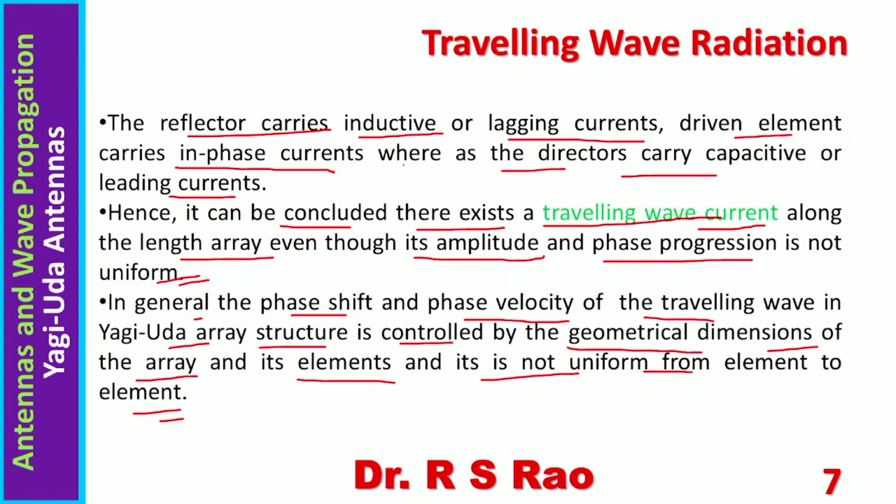So we may be tempted to think that it is a resonant antenna, but there is a view which can show this antenna as a traveling wave radiator, a traveling wave antenna, a non-resonant antenna. That view is described and justified in this particular slide.